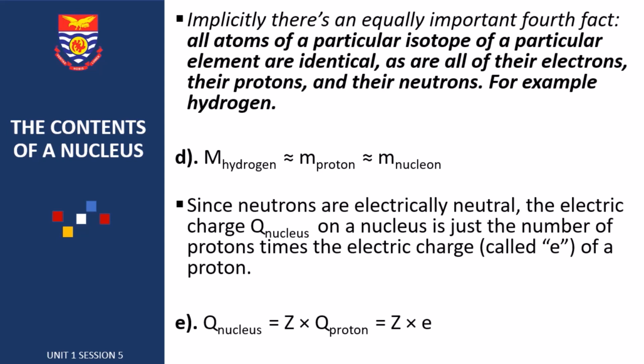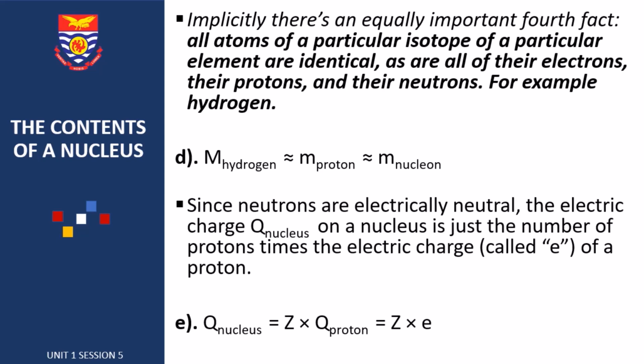Their masses are the same. So we can conclude that the mass of a hydrogen is equivalent to the mass of a proton, and the mass is the same as the mass of the nucleon.